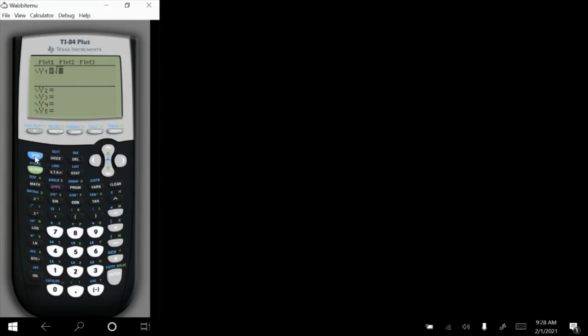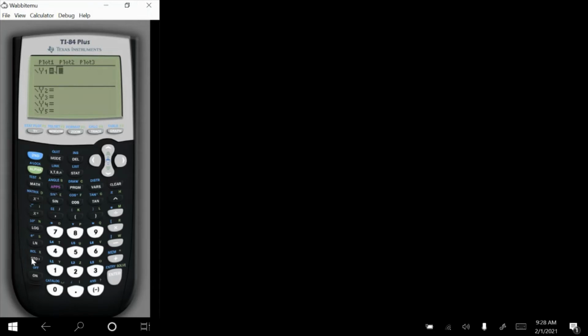The reason why we're pressing the second key before that is because we want to access this little radical symbol that's written out above the x squared button. Now with me, I'm inside the square root symbol. If you have an 83 instead of an 84, you're seeing a square root symbol with a half set of parentheses.